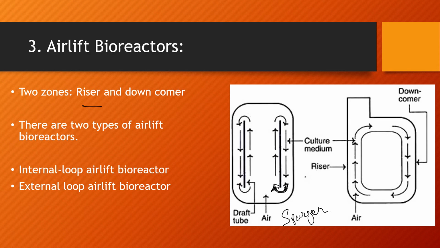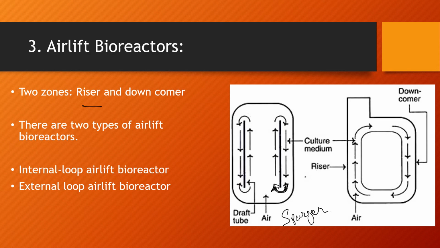So this is the internal loop airlift bioreactor. This is the external loop. How is it external loop? Because here the looping is occurring because of the presence of an external hollow cylinder which you can see here.